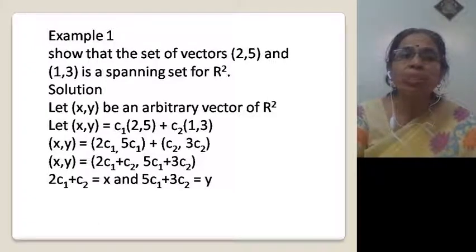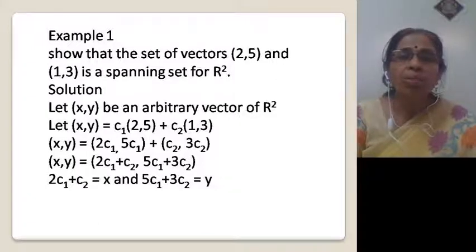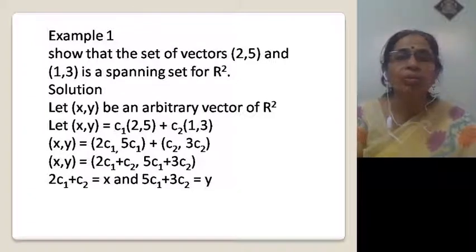Express this vector as a linear combination of the given vectors, that is, x, y is equal to c1 into 2, 5 plus c2 into 1, 3. By scalar multiplication we get x, y is equal to 2c1, 5c1 plus c2, 3c2. Again by vector addition we get x, y is equal to 2c1 plus c2, 5c1 plus 3c2.